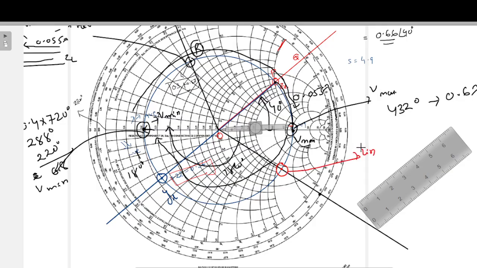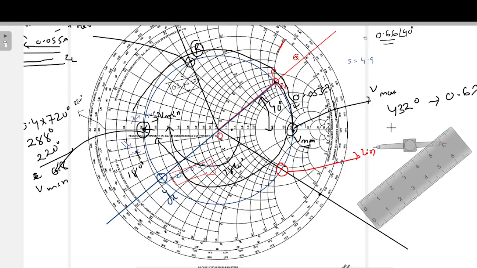Now let us see what value we are getting with this point. It is crossing the resistance circle here. It is just more than 1, near to 2, so around 1.8 or 1.7.